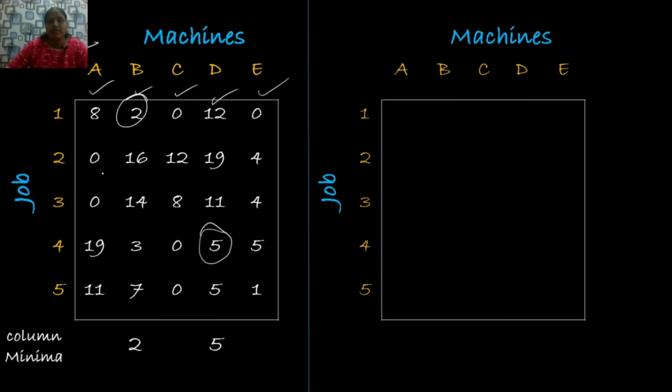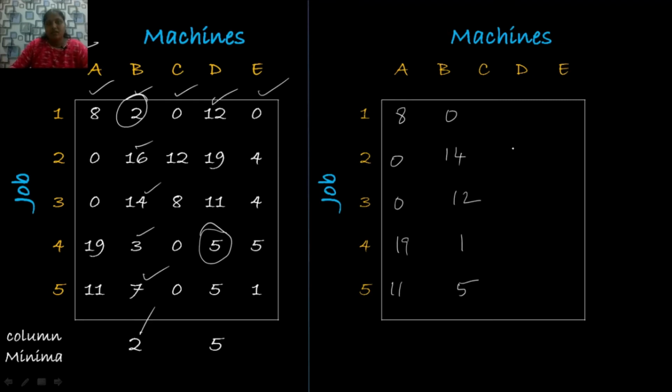Let me write down the first column as it is, since it has already 0 element, 8, 0, 0, 19, 11. So let me subtract 2 from second column elements. 2 minus 2, 0, 16 minus 2, 14, 14 minus 2, 12, 3 minus 2, 1, 7 minus 2, 5.